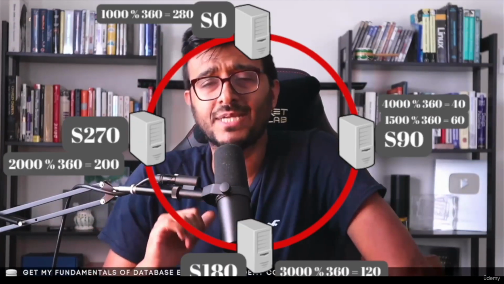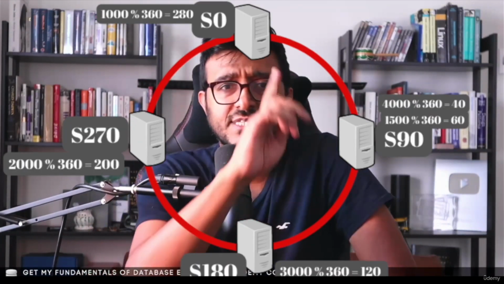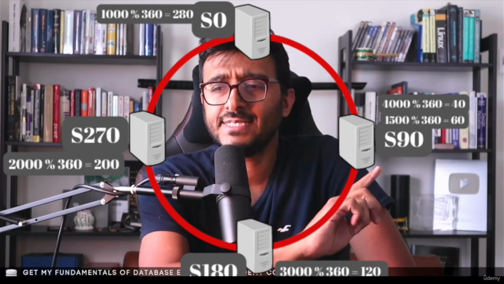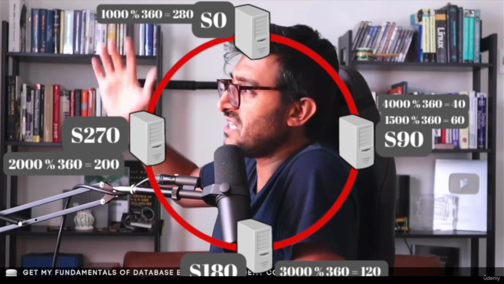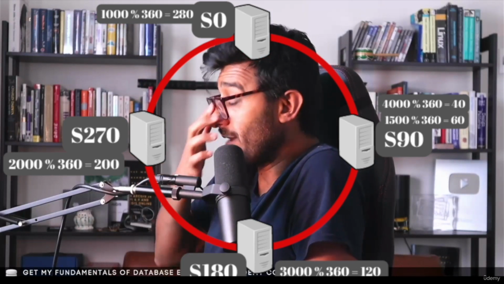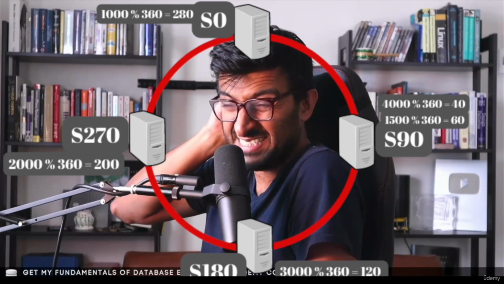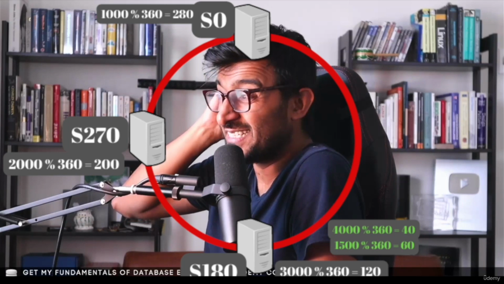Let's take another example where we're removing a server. If we go back to our original case where we have S0, S90, S180, and S270, and let's say I'm going to remove S90 altogether. Then anything that S90 had must go to S180.